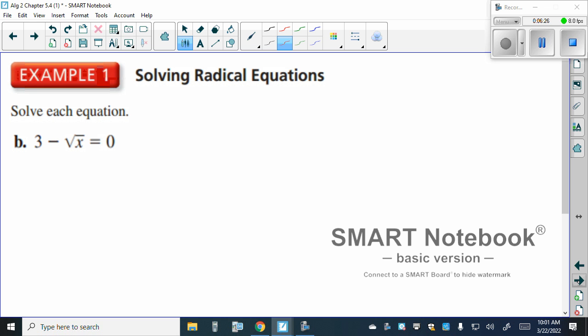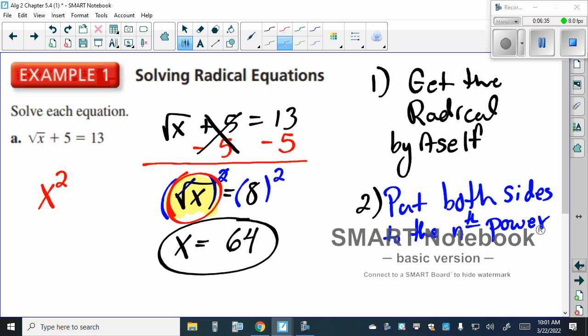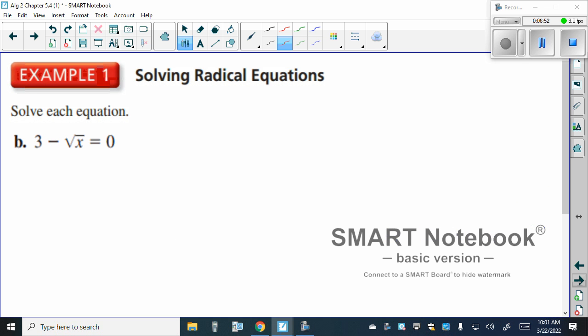Because if we are going the other way, we're saying what times itself is 8. Here, we're saying 64, the square root of what number is 8. We're not seeing what number times itself. So we're going the other direction, so we only have one case.